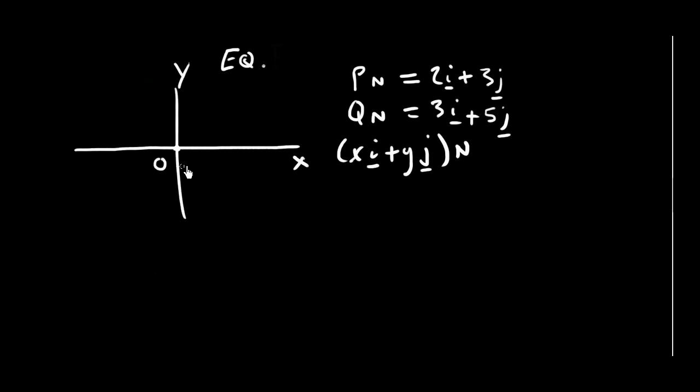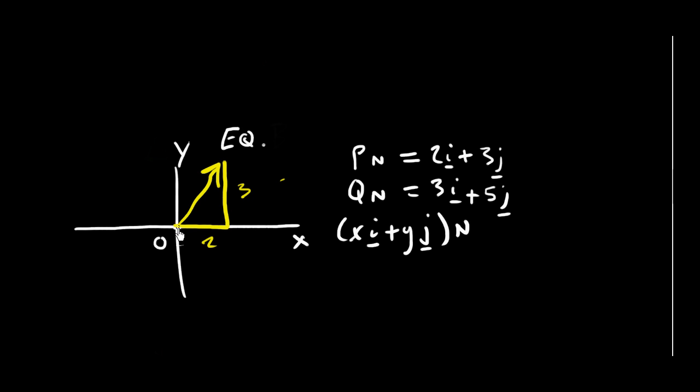We're going to solve this in a different way from the normal angles, but just to make a rough diagram, P is 2 and 3 both positive, so P would look something like this, 2 in that direction and 3 in that direction. And Q was 3 and 5, so Q would be 3 in that direction and 5 in this direction.